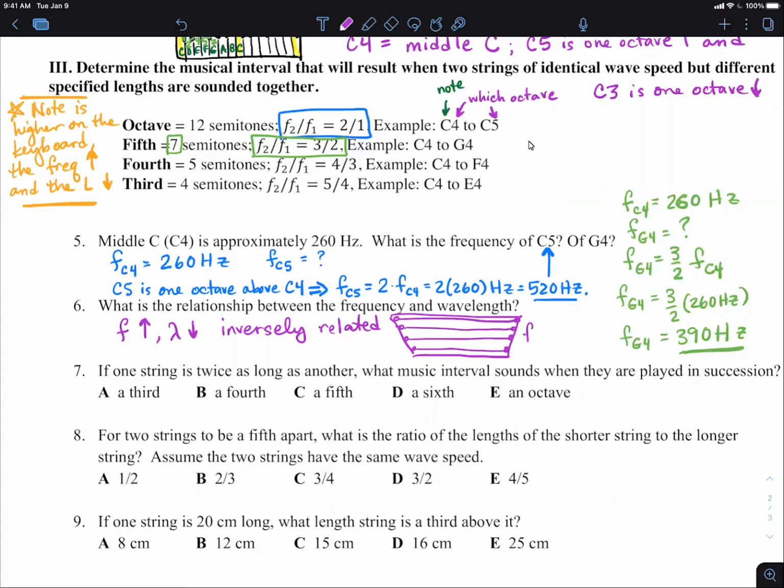So the fundamental frequency of the string would be the wave speed on the string divided by 2L. So the frequency will go up as the length goes down. Shorter strings have higher frequencies.